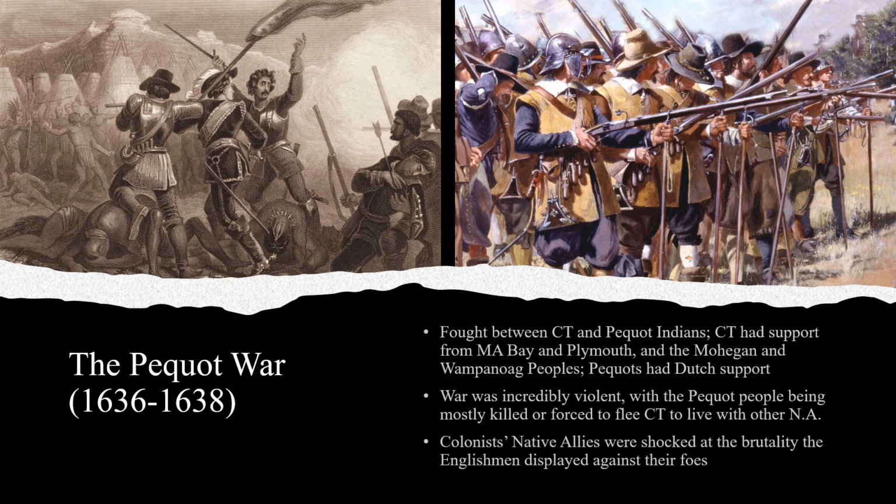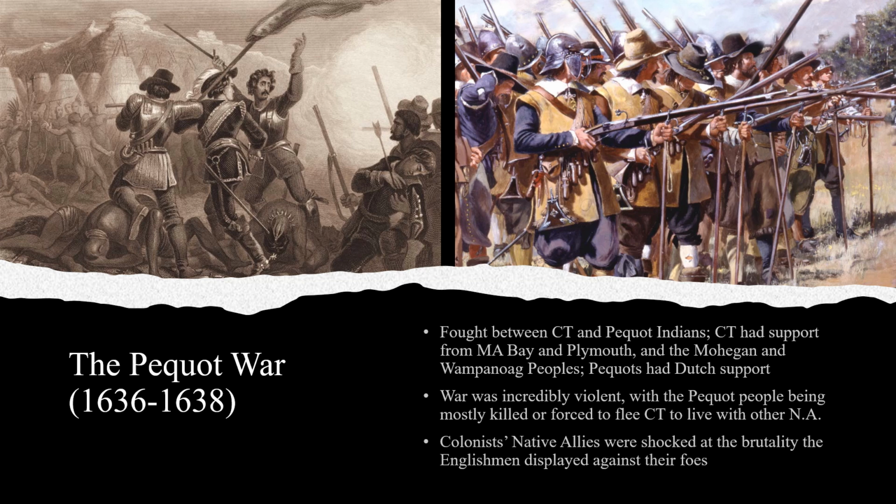As is the case throughout world history, an armed conflict brought these colonies together in an unprecedented way during the Pequot War of 1636 to 1638. The conflict began as European colonists expanded their settlements in southern New England in order to cash in on the lucrative fur trade discussed previously.